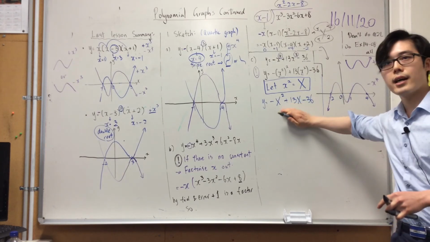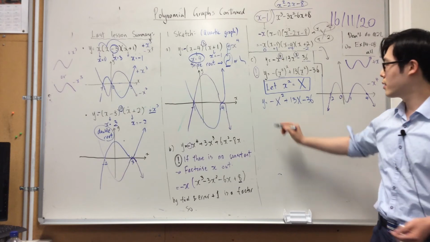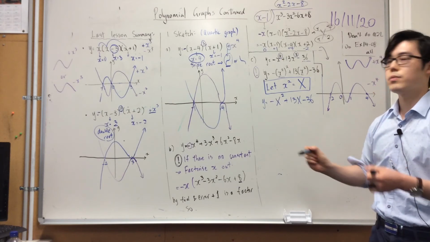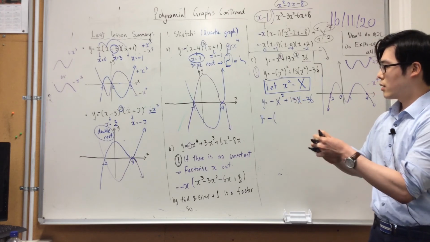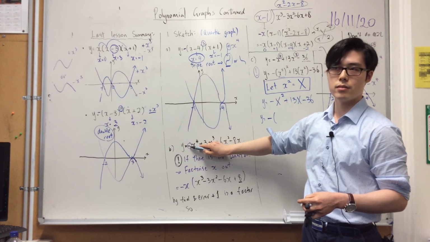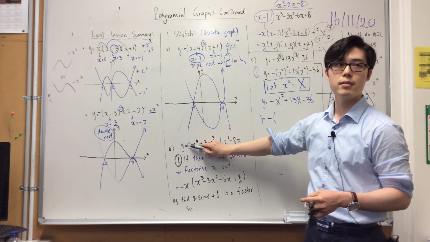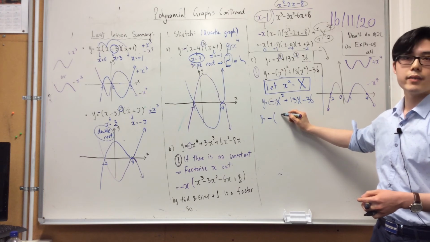Girls, now that we've done that, how do I solve it? What's the first step? Let's take the minus out. Girls, if there's a minus, always take the minus out first. All right, tell me what to write inside if I take the minus out.